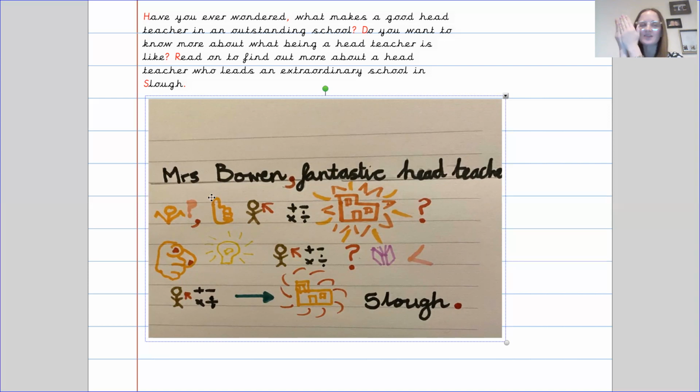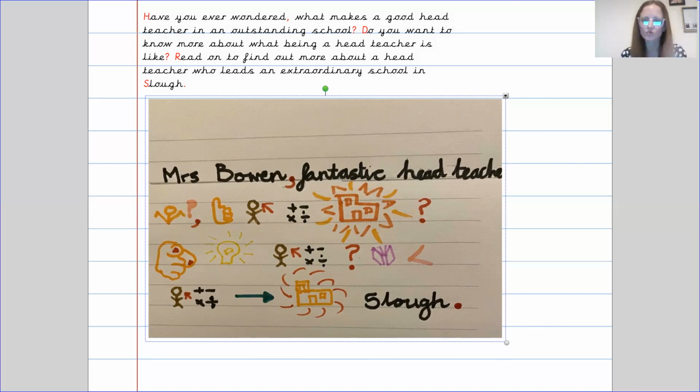I've said read on to find out more, okay, about a head teacher who leads an extraordinary school in Slough. And then I've got my full stop. So it's quite a nice, fun activity today, and it is a way of reminding you of what goes into your sentence, where your punctuation goes, and the vocabulary that you're using.